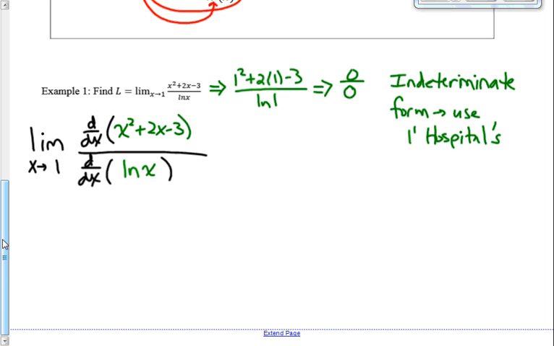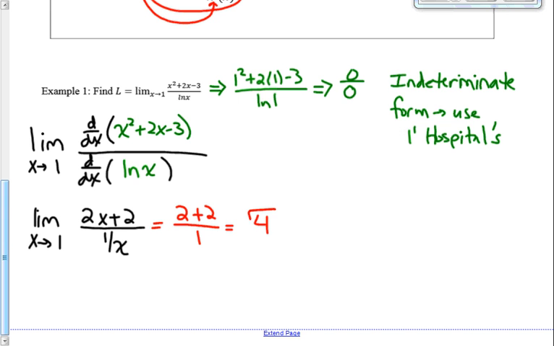So let's go ahead and see what we get when we do this. Now we have the limit as x approaches 1 of 2x plus 2 on the top, and the derivative of natural log of x is 1 over x on the bottom. And let's see what we get now when we evaluate. So when I evaluate this, I get 2 plus 2 on the top, and I get 1 on the bottom, which gives me 4. So here is the limit value by using L'Hôpital's rule.